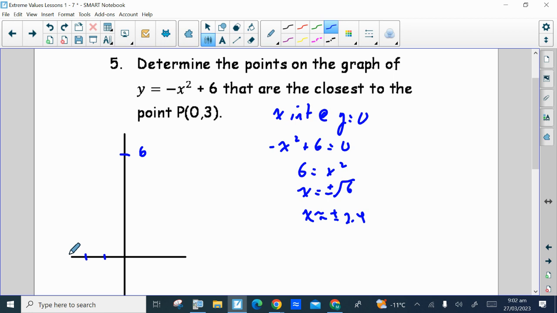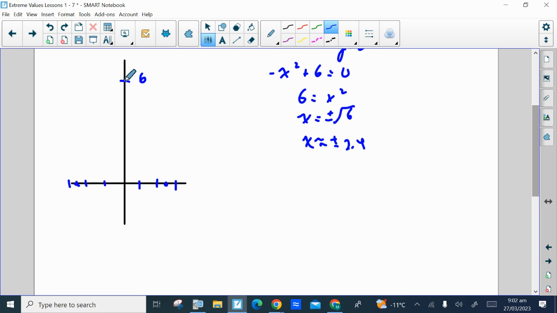It just allows us to sketch a more accurate graph. Okay, so it looks something like that.